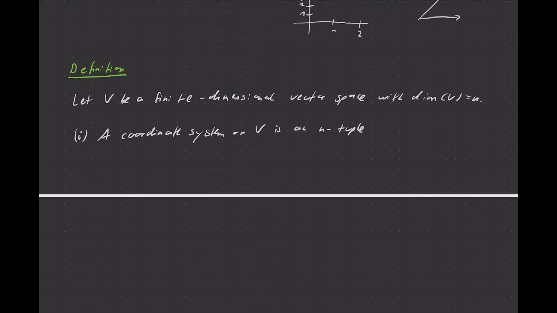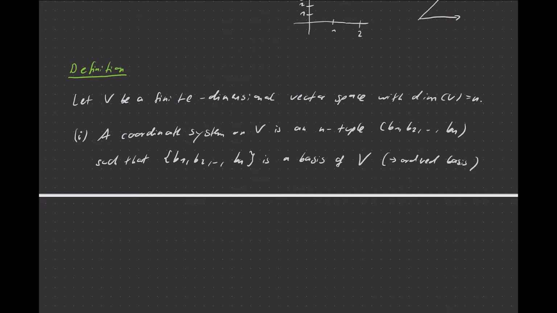So a tuple of the form B1, B2, and so on up to Bn, such that the set B1, B2, and so on up to Bn is a basis of V. So basically what we have here is an ordered basis. And often we just write down the basis as a set and assume the order coming from the indices.